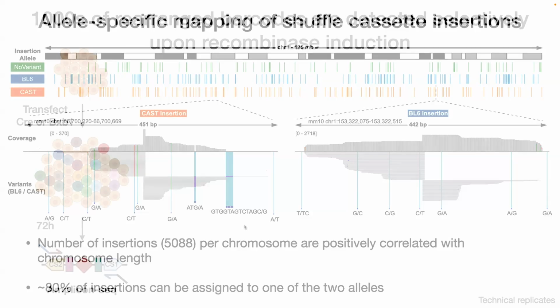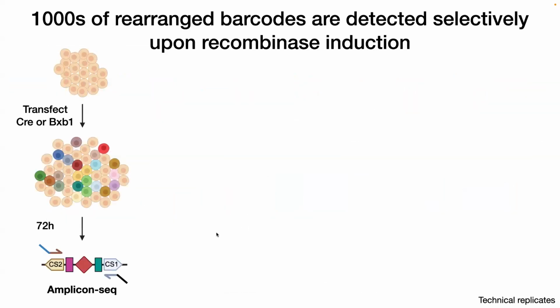Now, here comes the money experiment, which is we transfect this population that contains loxP sites, which are targeted by the Cre recombinase, with either the targeting recombinase Cre or the non-targeting recombinase Bxb1 as a negative control. We let the cells grow out for 3 days and then simply PCR up these shuffle cassettes to see if we see new barcode combinations.